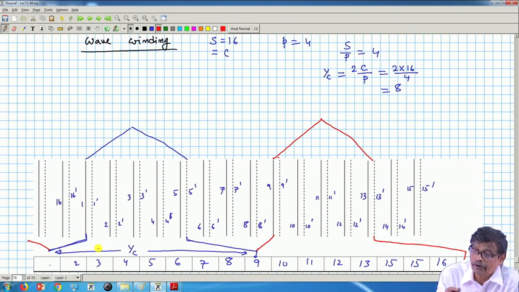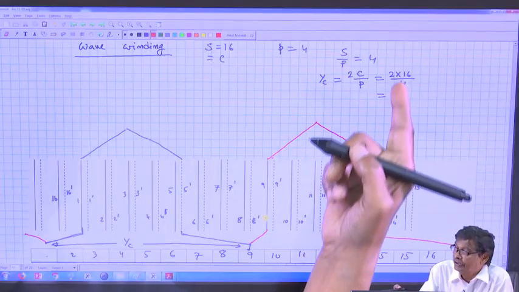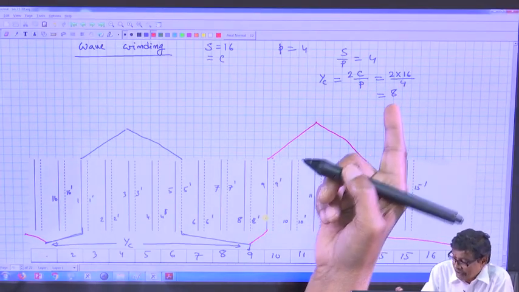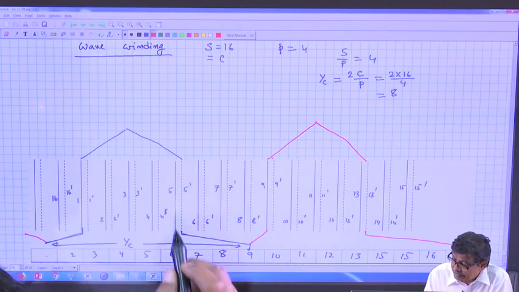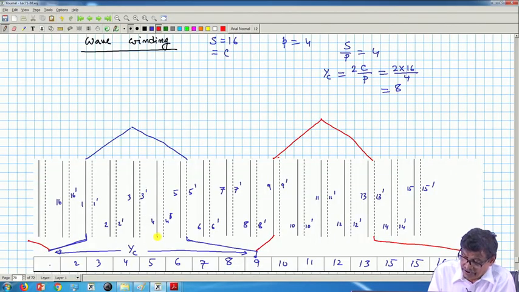But in case of wave winding, I am trying to do using a full pitched coil, and I find that if I choose my commutator pitch YC to be equal to 2 pole pitch, 2C by P, then after tracing 2 coils, you come back to the same starting point here.